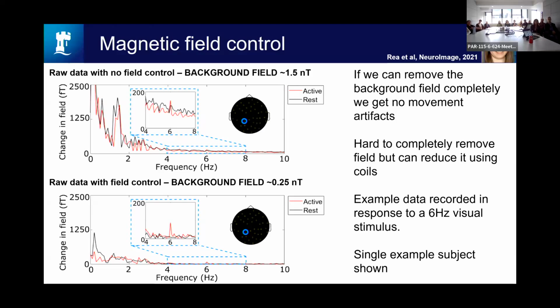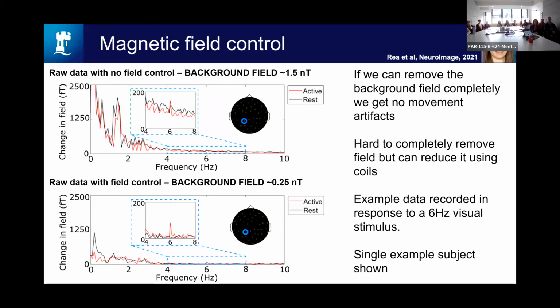So this we were looking for. In the red line, you should see a 6 Hertz response, and it's sort of there. So the black line here is rest. The red line is the active window, and you should see a little spike at 6 Hertz, and you can kind of see it, but it's sort of buried in all this noise.